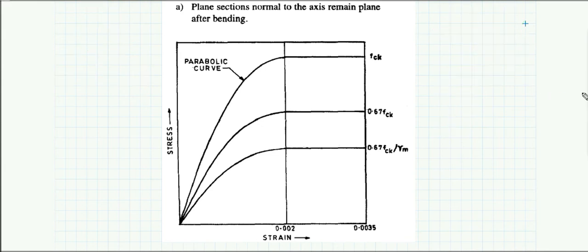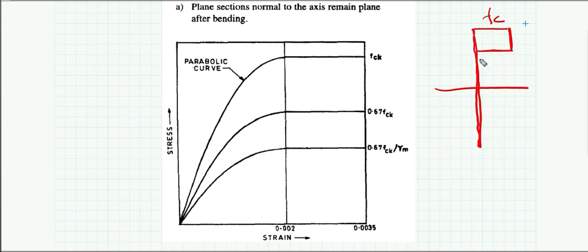Suppose initially the maximum load that we are going to consider for the design is such that up to a certain depth of the section all the fibers are at the yield stress of the concrete, and the remaining fibers have stresses less than the yield value, showing a parabolic distribution of stress.